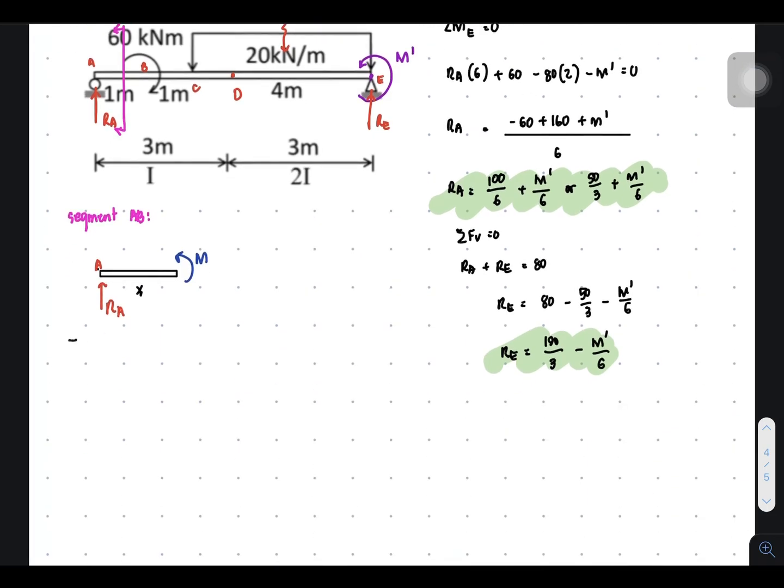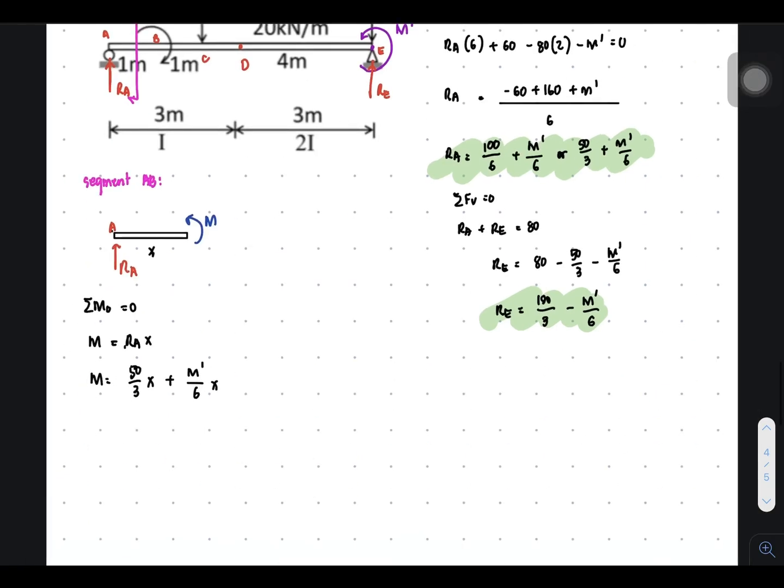So in this case, we can now have the summation of moment about the point of cutting equal to 0. You have m equal to RA times x. And remember, RA is equal to 50 over 3, then multiply x, then plus m prime over 6 multiply x.